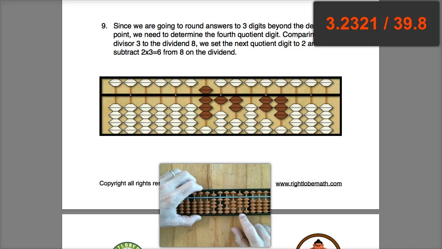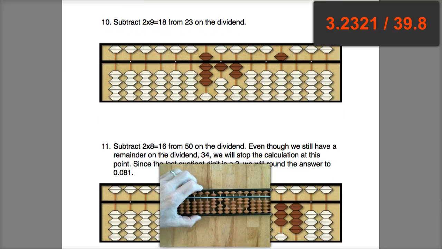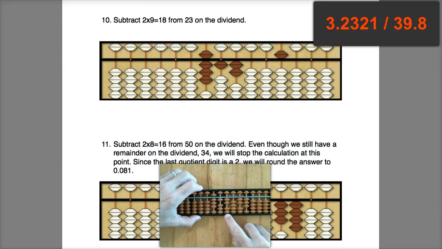And so 2 times 3 is 6, and we'll subtract the 6 from the 8 like that. And then we will do the 2 times 9, which is 18. We'll subtract that from this 23. So we'll subtract the 18 like that.